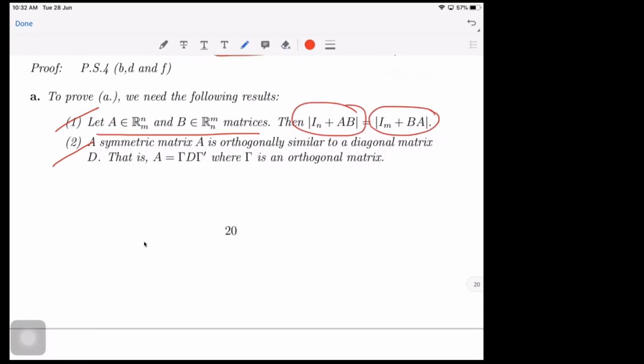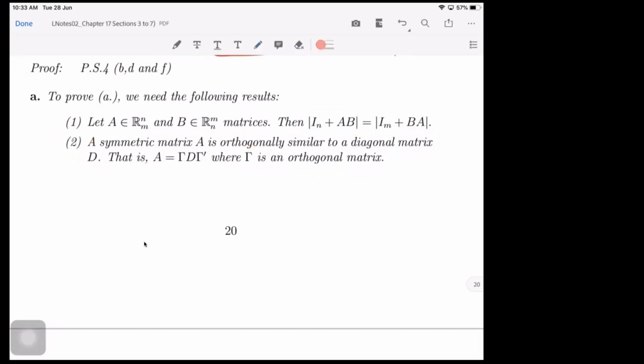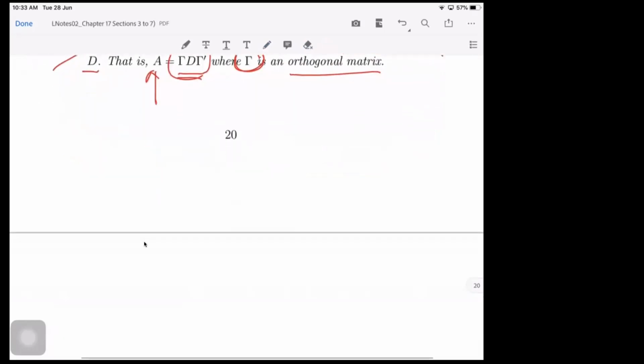You are going to use that when we try to prove A. And a symmetric matrix A is orthogonally similar to a diagonal matrix D. That is, you can write A as D pre-multiplied by gamma and post-multiplied by gamma prime, where gamma is an orthogonal matrix. So you can always find an orthogonal matrix such that A is equal to D pre-multiplied by that orthogonal matrix and post-multiplied by its transpose.